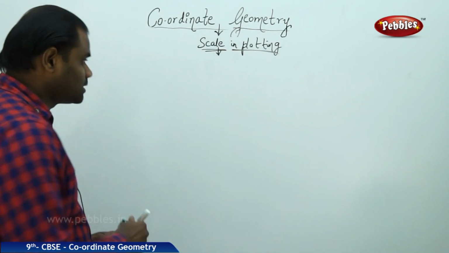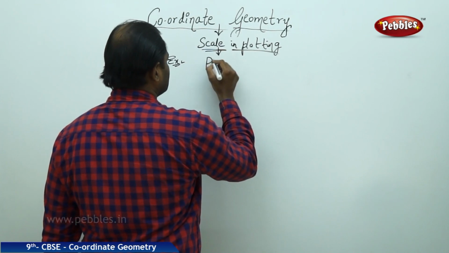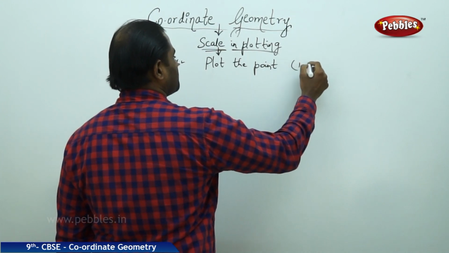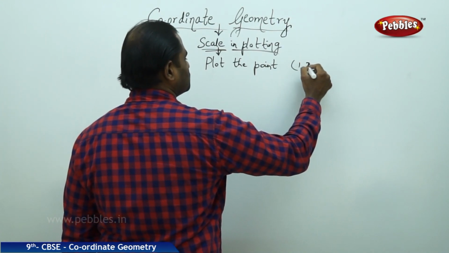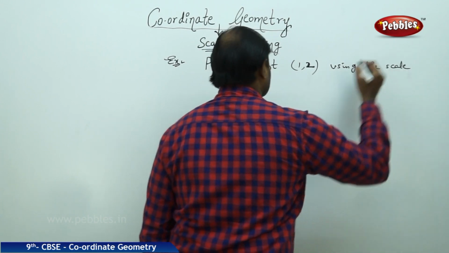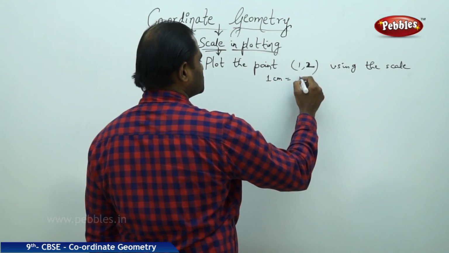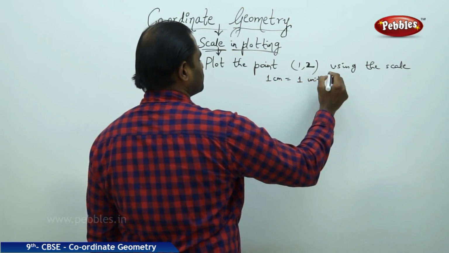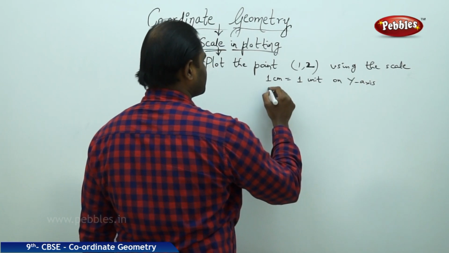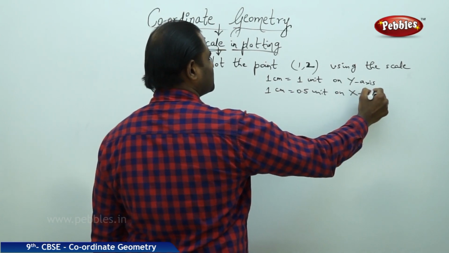For example, I have an example problem which says: plot the point 1, 2 using the scale, 1 centimeter equals 1 unit on y-axis and 1 centimeter equals 0.5 unit on x-axis.